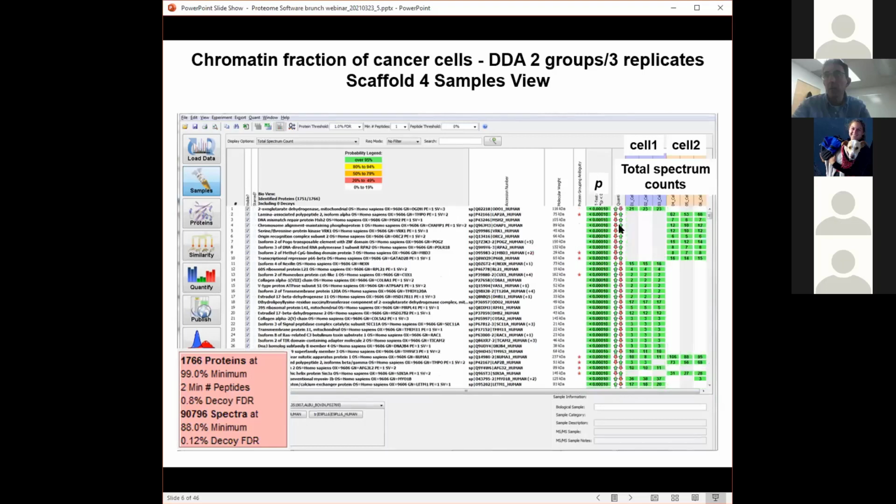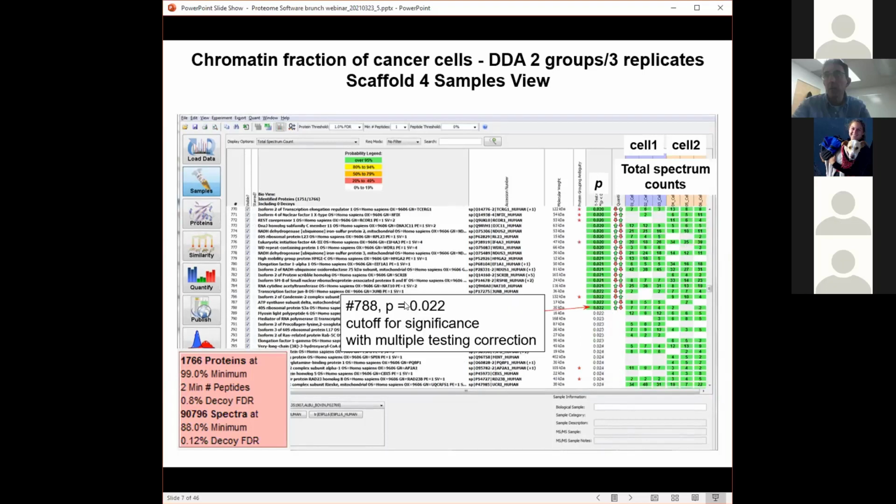If I sort by smallest to largest p-value, you can clearly see that there are some striking differences between the experimental groups. Scrolling all the way down, there were 788 proteins that were significant with a p-value of 0.022 or less. That's a fairly large proportion. So we had already given the investigators some interesting information, but decided this would be a perfect test for DIA.